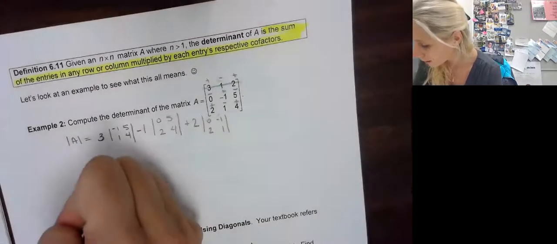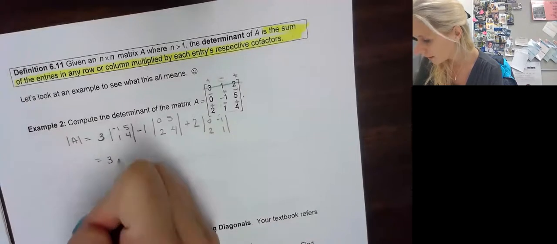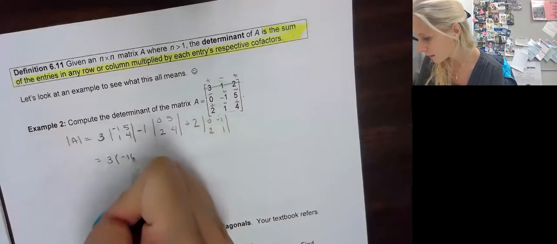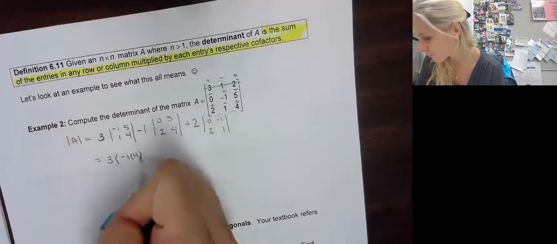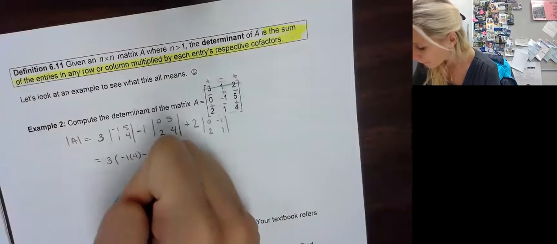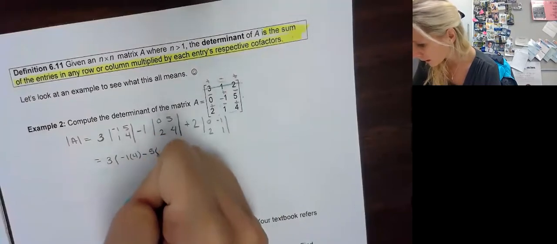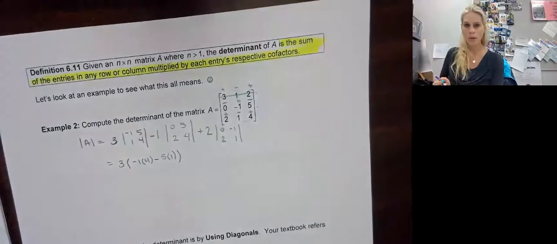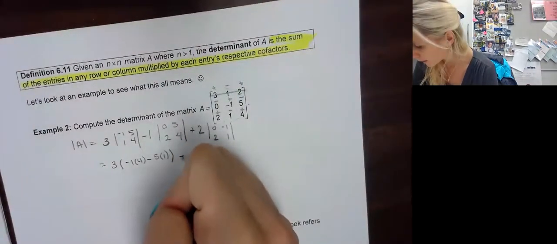So right now I have 3 times -1 times 4 minus B times C. Okay, so that's my whole 3 one. I have this -1.